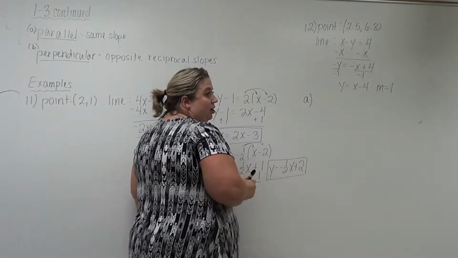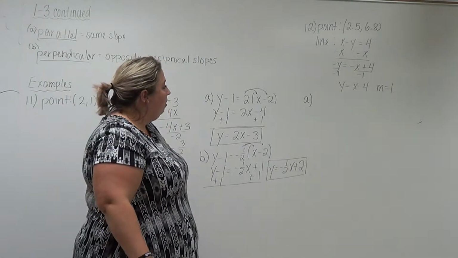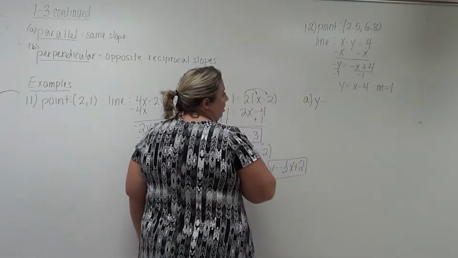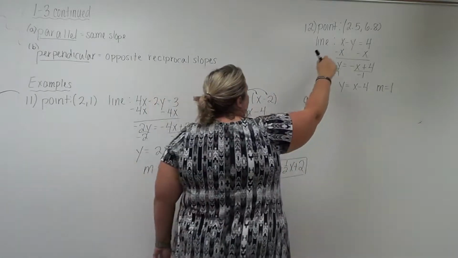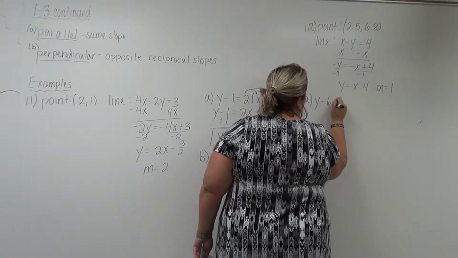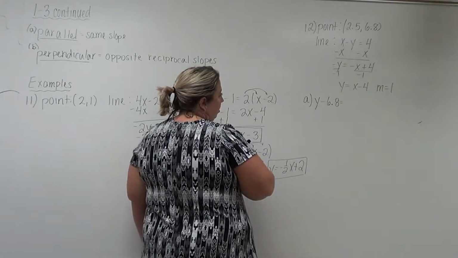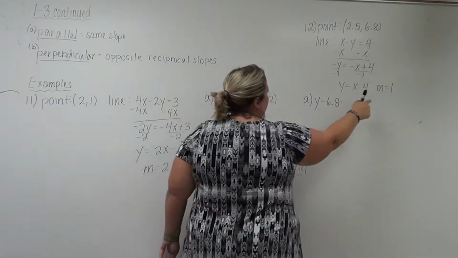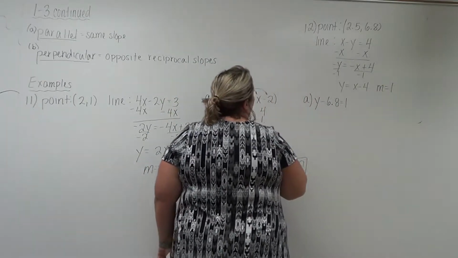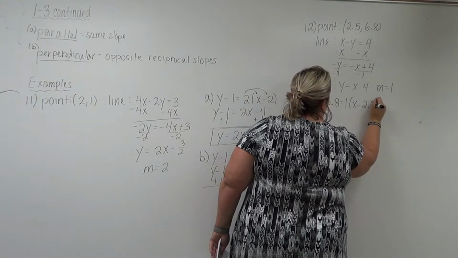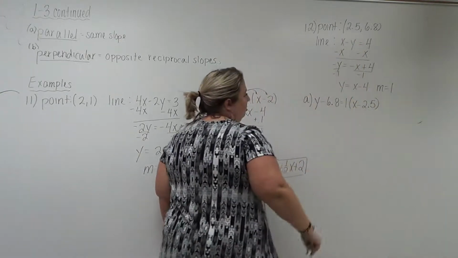So for part A, we're going to do parallel. So I'd have y minus, I want the y number. So my point, the y is the second one, so y minus 6.8 equals, parallel means same slope, so we're going to use this number 1. And then I'd have x minus the x number from the point, which is 2.5.